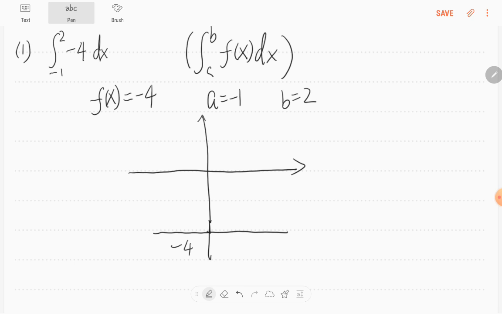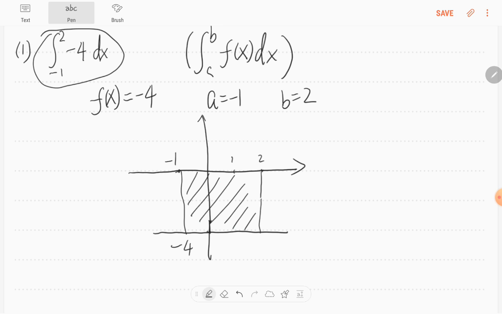Here is -4. a is equal to -1, so here is 1, -1, so this is the region for x values. 1, 2, right? This is 1, this is 2. So this integral is asking you to find the signed area for this shaded region.